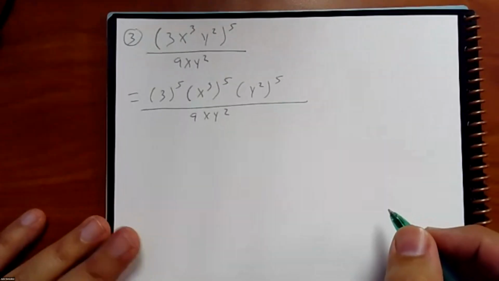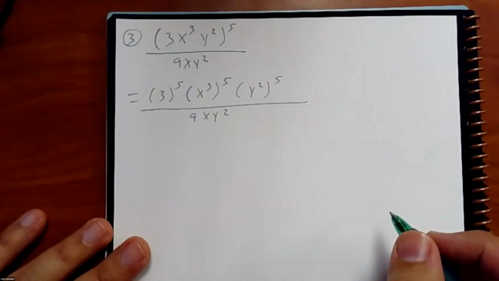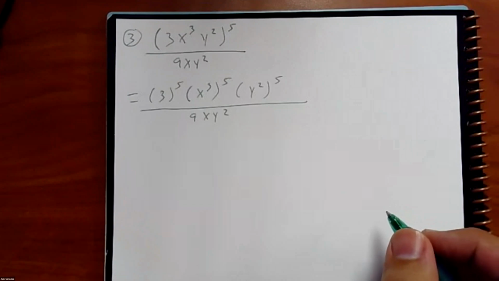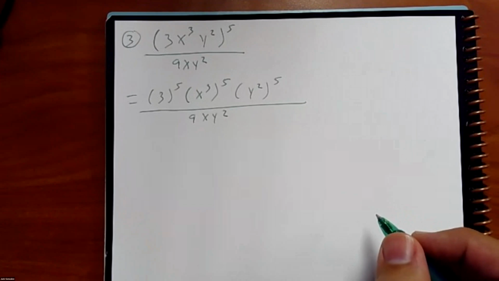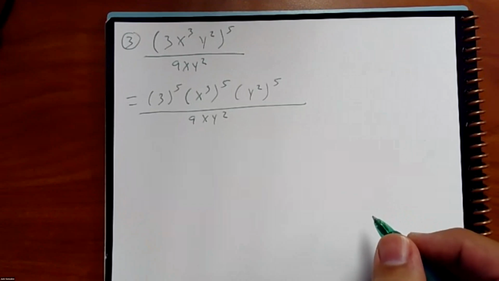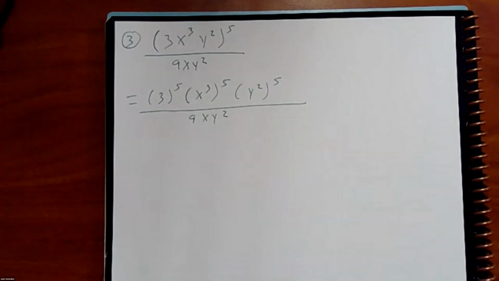So 3 to the 5th, I don't know what the heck that is. Oh, wait. No, yeah, we're good. 3 to the 5th, what is that? Monstrosity. Seven.